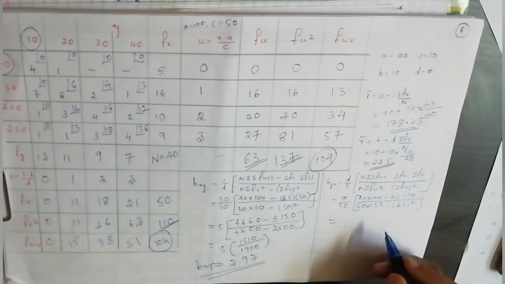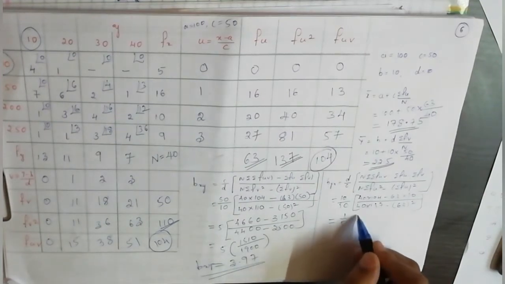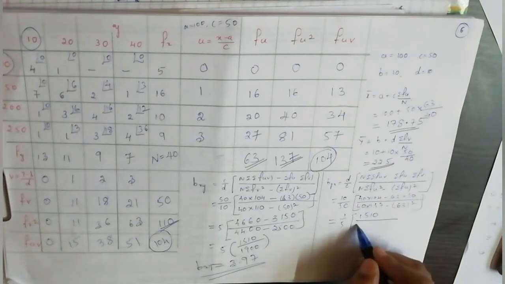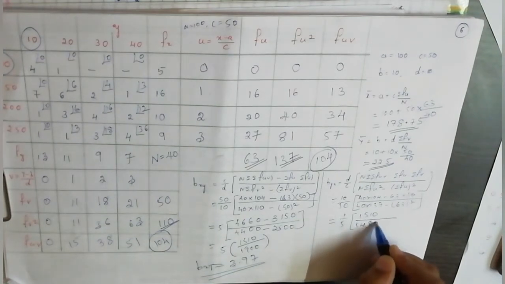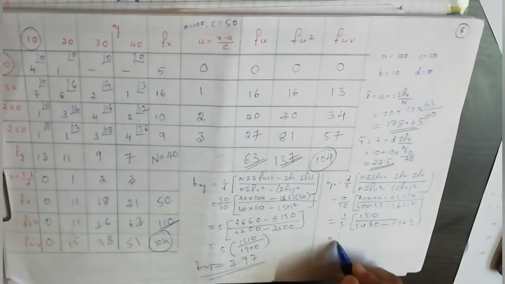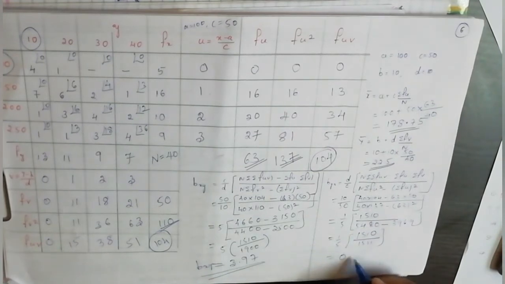So it is 1 by 5, and here numerator 1510 same, and denominator 5480 minus 3969, we will get 1511. So final answer is 0.199. This is our byx value.